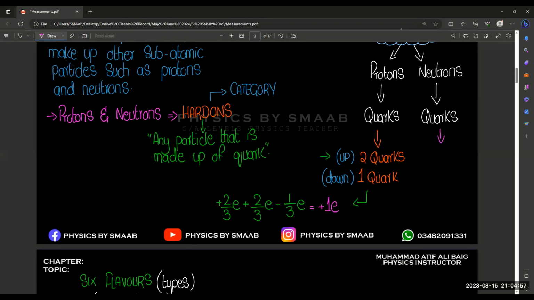Because the value of up is plus 2 over 3 and the value of down is minus 1 over 3. So minus 1 over 3 minus 1 over 3 will be equal to minus 2 over 3. Then plus 2 over 3 minus 2 over 3 will be equal to 0, the neutron, right? We will also discuss that in detail, but in questions they usually give you the reference and you just need to combine the values and find the answer.